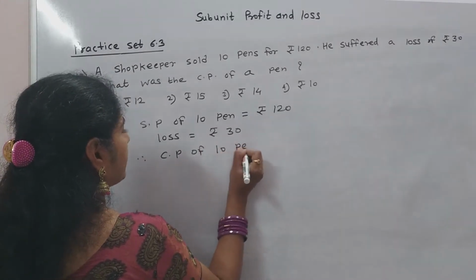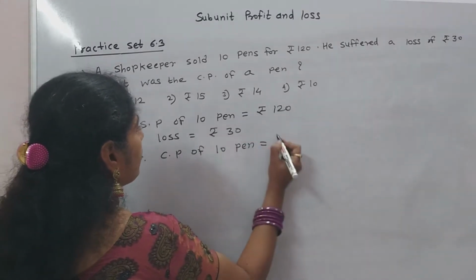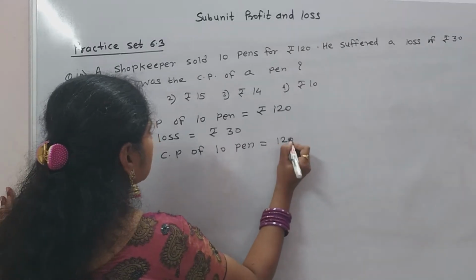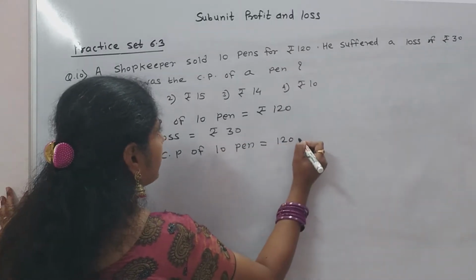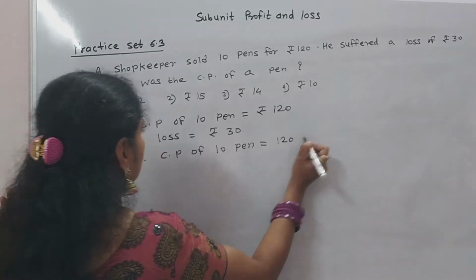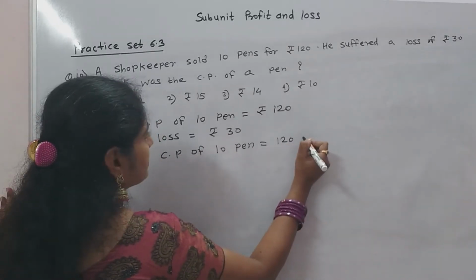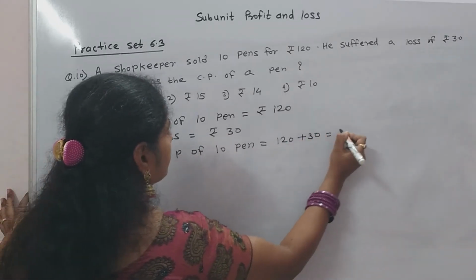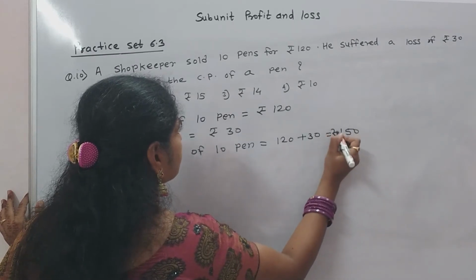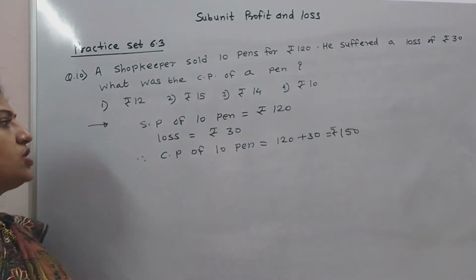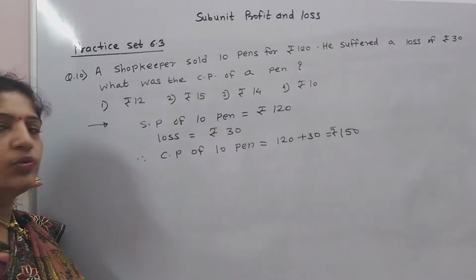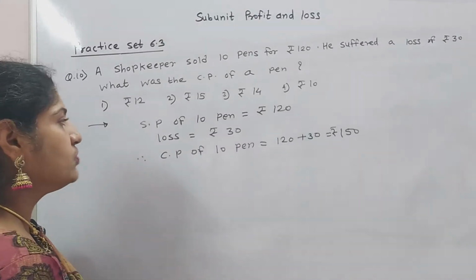So, cost price of 10 pens equal to, if loss is given, the cost price must be greater than the selling price. The cost price of 10 pens equal to 120 plus 30, that is 150.